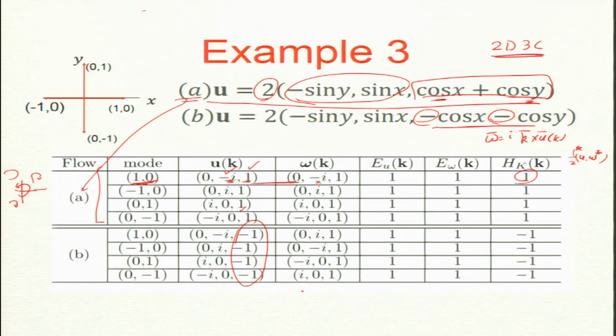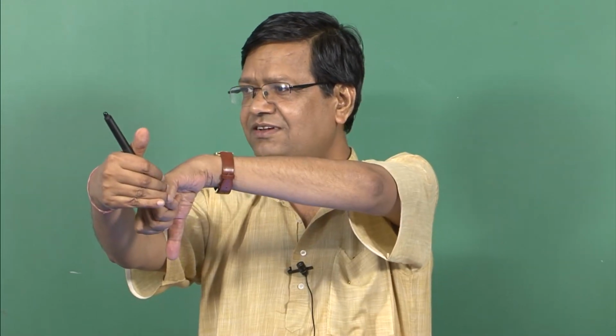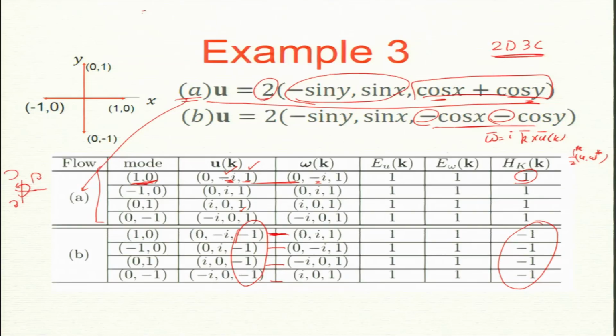Now you can see the difference: u and omega are opposite, all of them. So u dot omega will give a negative sign. In some sense omega is going like this, cyclonic, and uz we saw was positive, but omega going like this with uz negative gives negative helicity. That is the picture we get here.